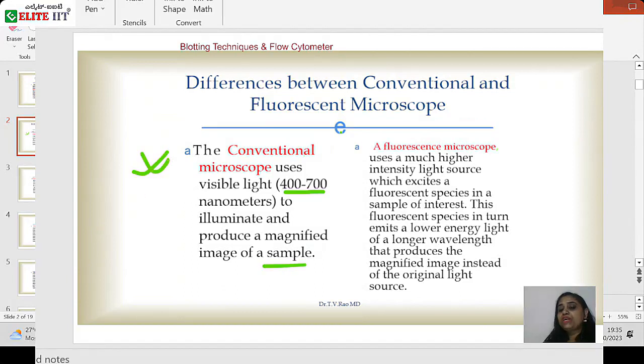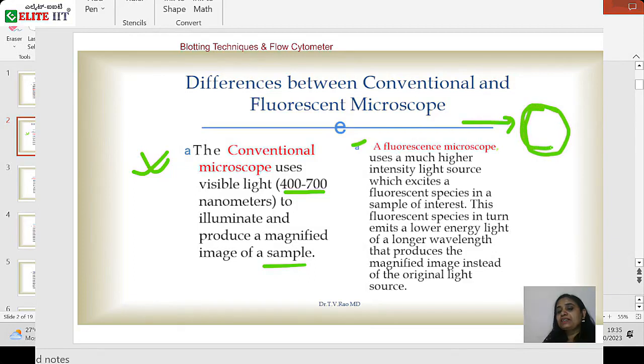Whereas a fluorescent microscope uses a higher intensity light source which excites the fluorescent species in a sample of interest. Now, this fluorescent species in turn emits a lower energy light of a longer wavelength that produces the magnified image instead of the original light source. That means two types of wavelength are involved. One wavelength is the light you give, through which you excite the molecule.